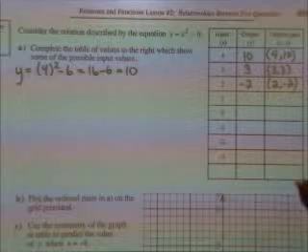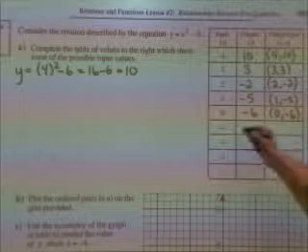Input of 1, negative 5, because I'd have 1 minus 6. Input of 0, negative 6. Input of negative 1 would be negative 5, because negative 1 squared would be positive 1.